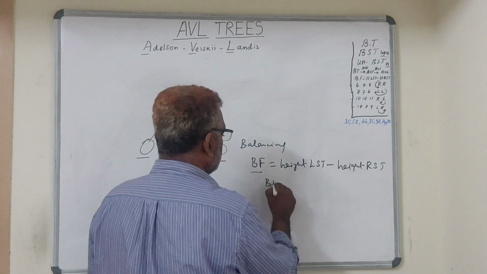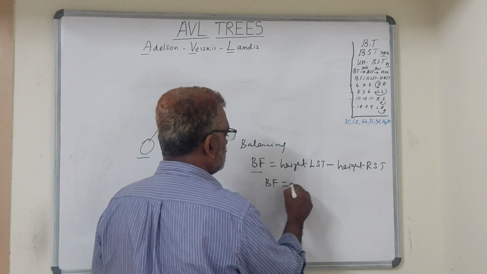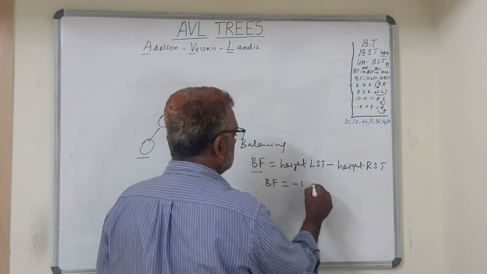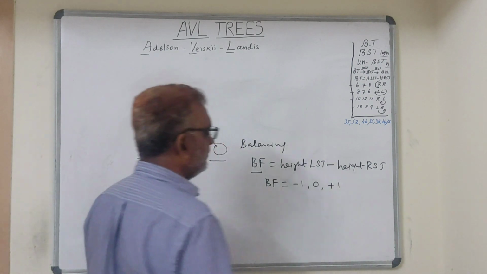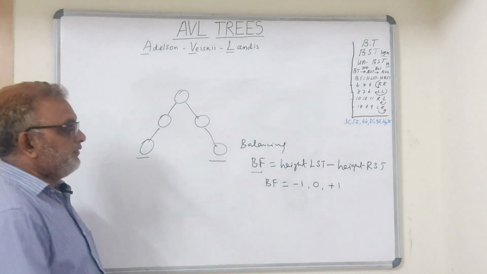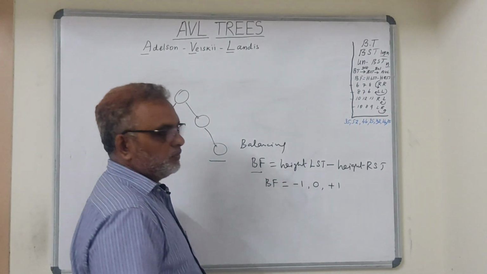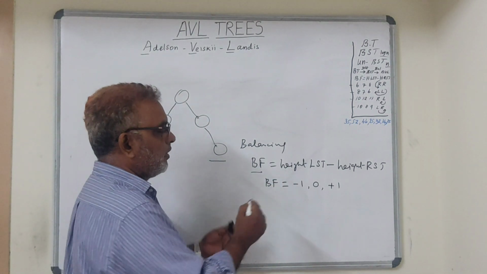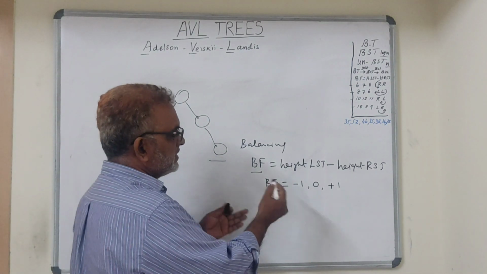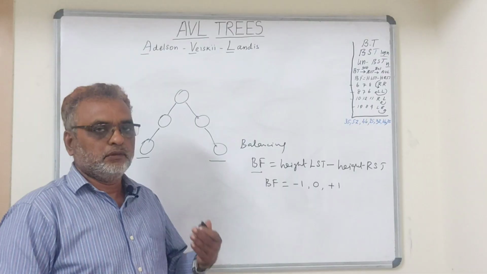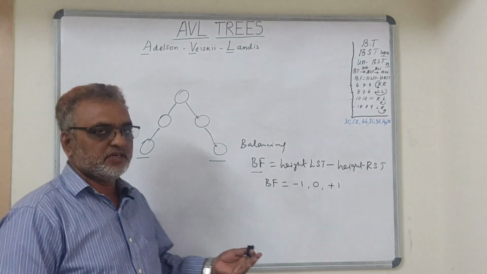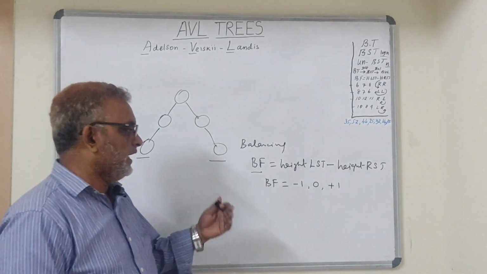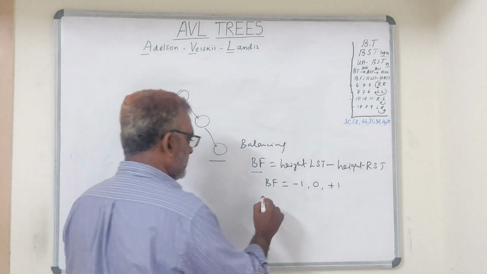Always this balance factor must be equal to -1, 0, or +1. If it is more than this, 2 or -2, or beyond this range, then the tree is unbalanced. If it is unbalanced, you have to perform an operation called rotation.